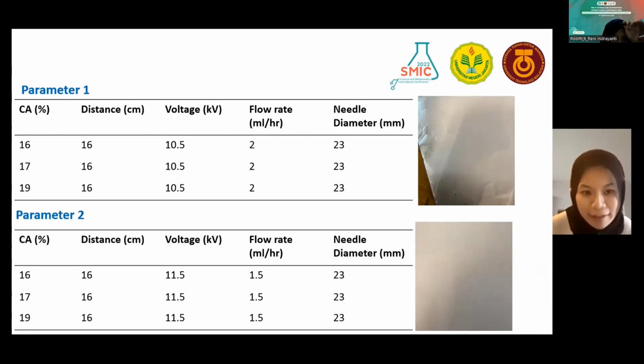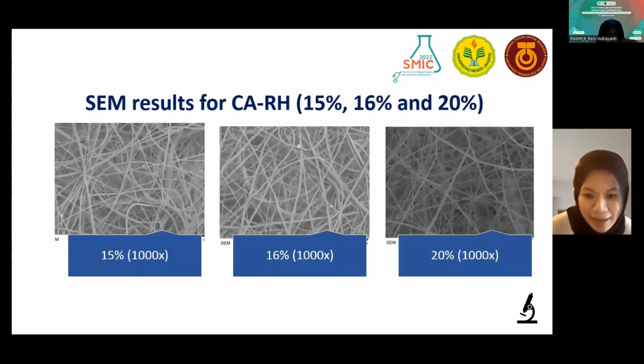After that, we compared the percentage of CA and observed the appearance of the nanofiber under the scanning electron microscope. For CA concentrations of 15%, 16%, and 20% under 1,000 times magnification, these are the observations.